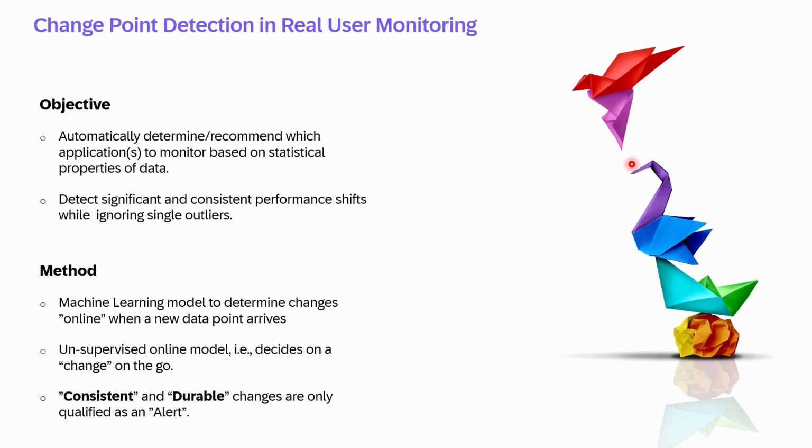So what we want to achieve is to automatically detect in the system which applications are most used by the users, and not each request is valid for a change point detection. There must be at least a minimum amount of executions so that we can say this is relevant or not. Based on the request names detected in this learning phase, we then detect significant and consistent changes in the response time, almost immediately when this occurs.